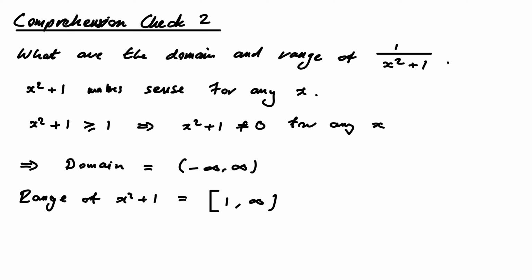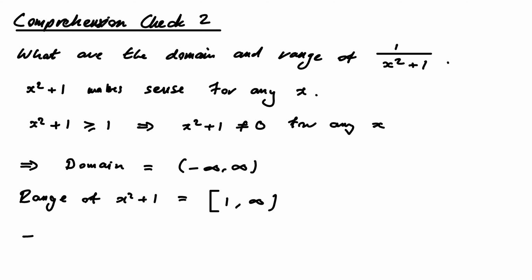And if you think about it, as the denominator gets bigger and bigger and bigger, this is going to get smaller and smaller and smaller. And there's no limit to how small it gets, in a sense. It can be absolutely tiny. It'll never hit 0, though, because the only way you could get a 0 fraction is if the numerator is 0.